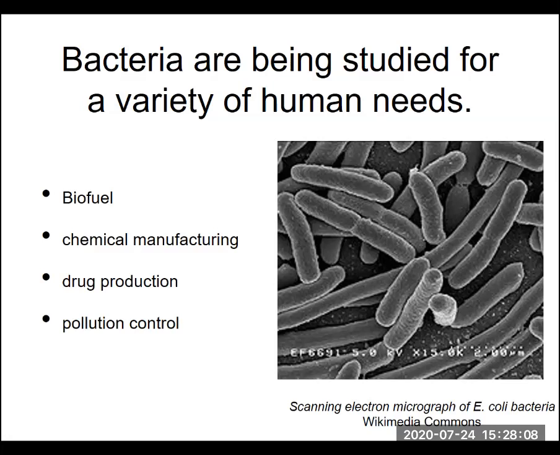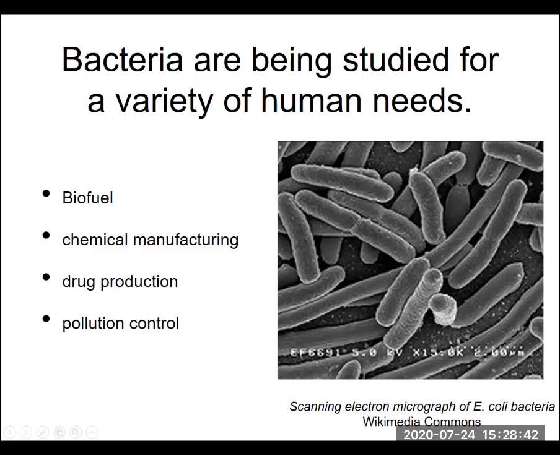We talked about drug production for insulin and the blood clotting factor. Again, we're getting human molecules that we can then use in patients without the risk of infectious disease, without the risk of an immune system response, because it's human proteins, so we can better treat human disease. Chemical manufacturing, again, we can modify some of these bacteria to produce chemicals that we need for a variety of sources. And there's actually a movement to using bacteria as a biofuel.